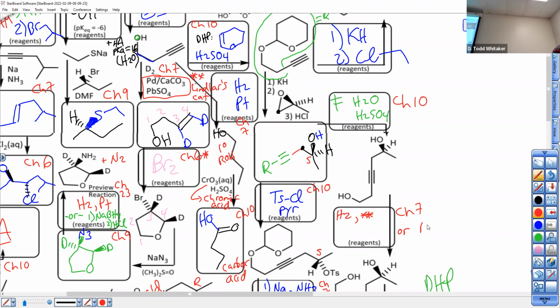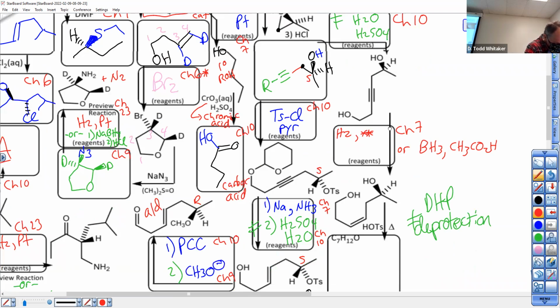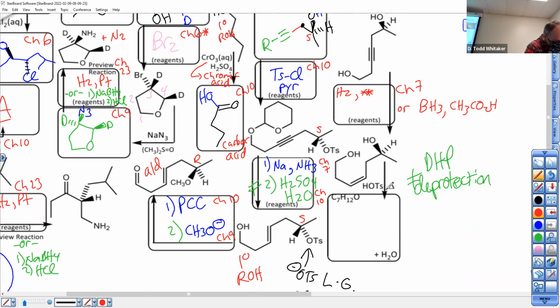Or in chapter 7, you also learn BH3, CH3CO2H works. Hydroboration protonolysis. Here's your double star up here. Lindlar's catalyst, okay? Right there, I just added it.